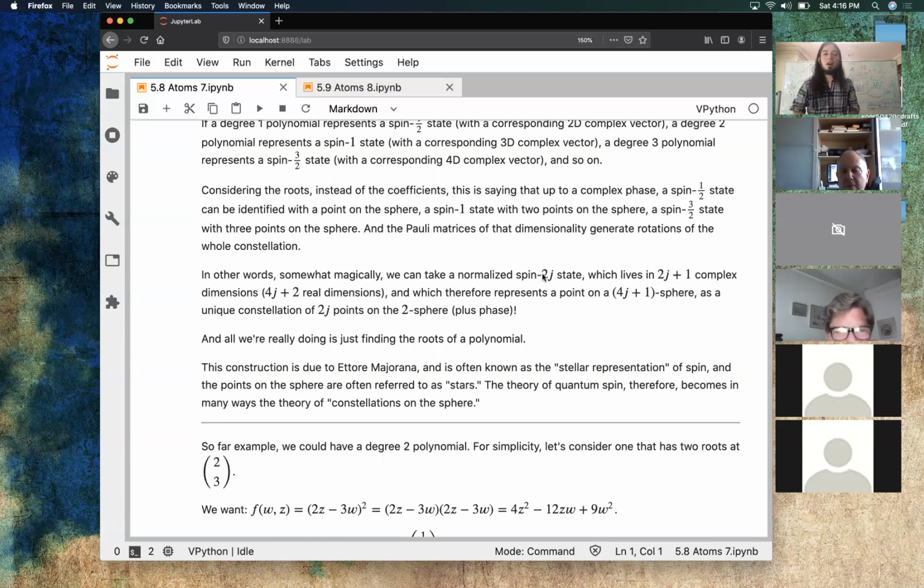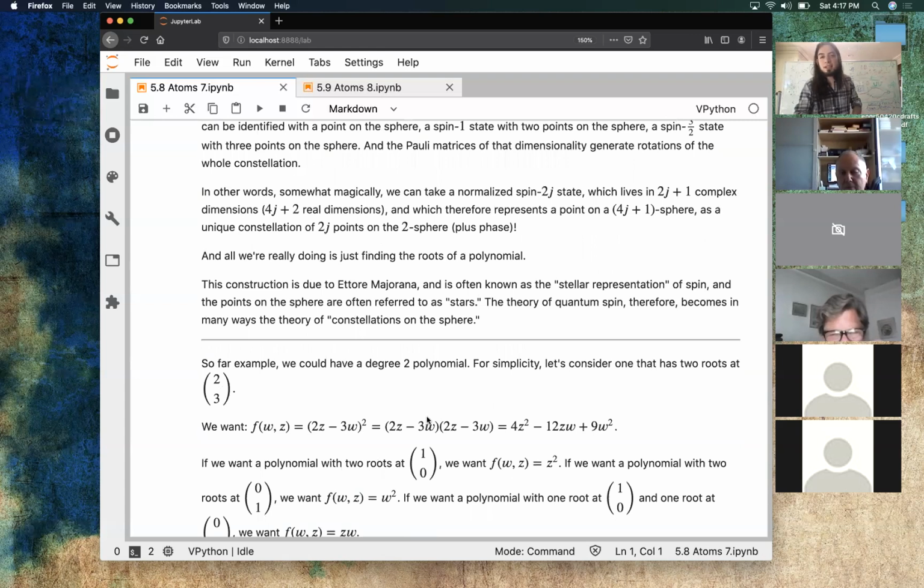But there's a complete representation of it as just 2j points on the 2 sphere. All those higher dimensional spheres kind of collapse down to just the 2 sphere. And Majorana, the Italian physicist in the 30s, was the first to apply this, at least in the case of spin. This sort of technique had actually been known already to Maxwell, arguably.